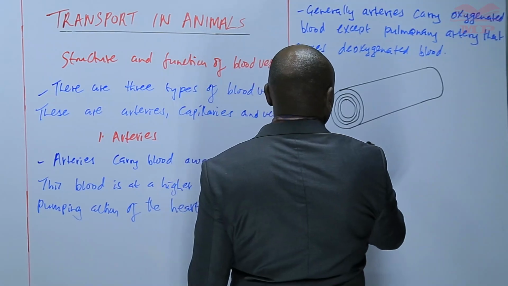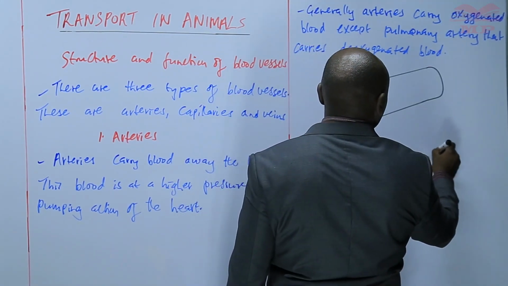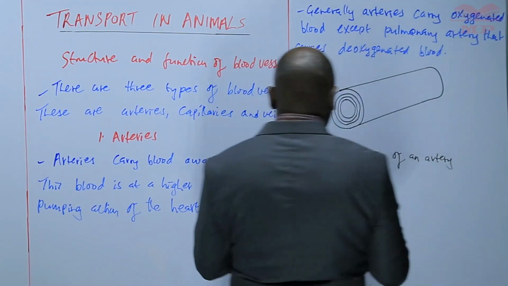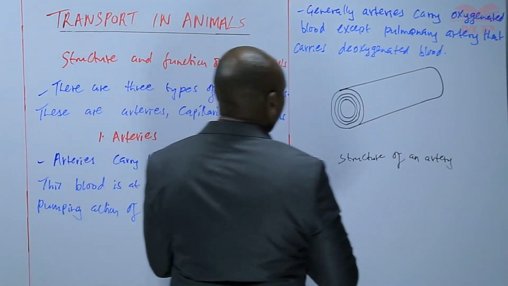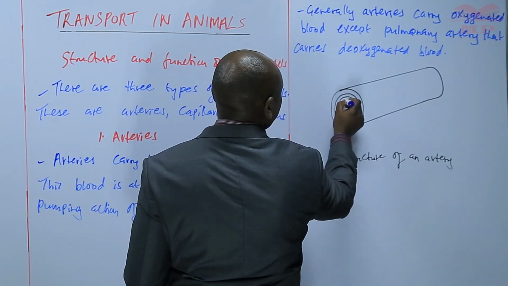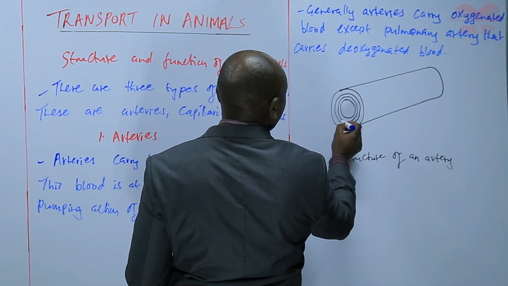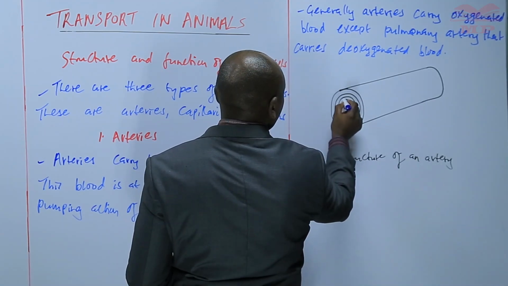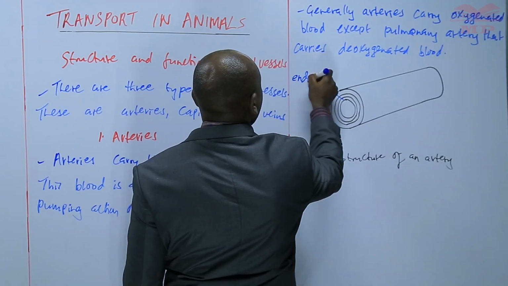The artery has three main layers. The innermost layer, and that layer is known as the endothelium.